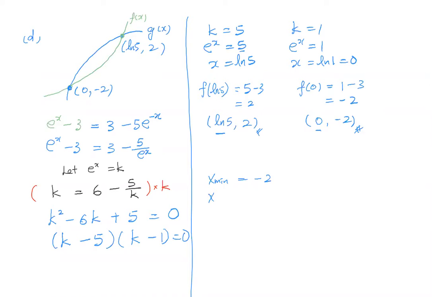And your x maximum, ln 5 should be 1 point something, correct? So you put x maximum as 2. Then you do a zoom standard, a zoom fit. Then you should be able to get the answer. You should be able to get a nice graph.